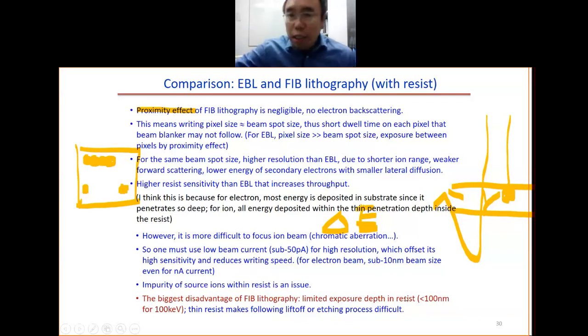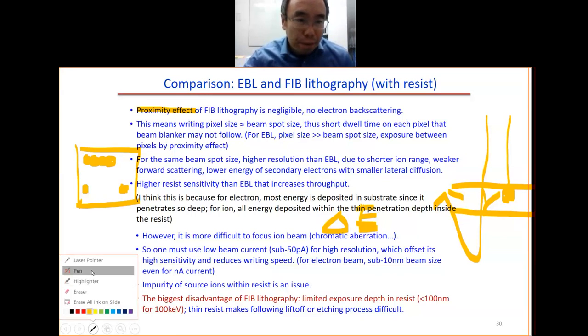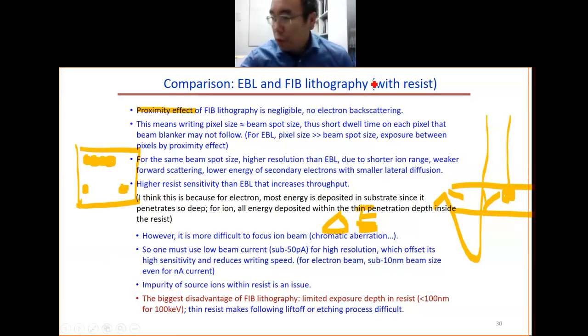We know that for 30 keV gallium ion beam, it will penetrate about 30 nanometer into silicon. For a resist like PMMA, it maybe goes to 60 nanometer into PMMA.